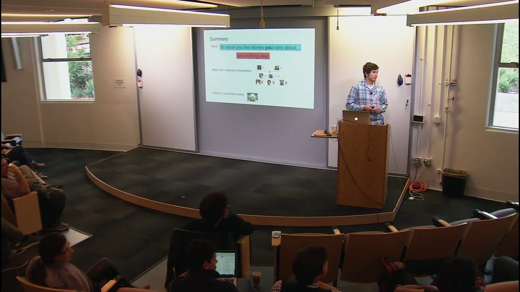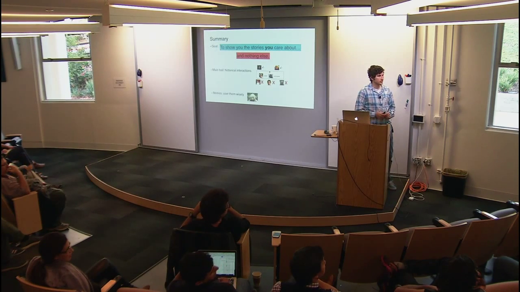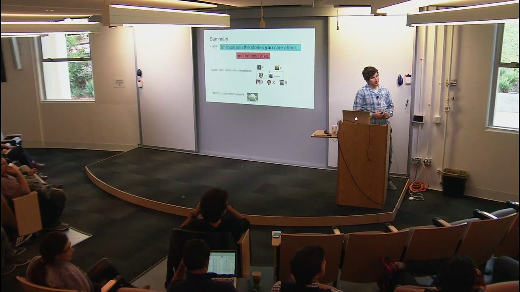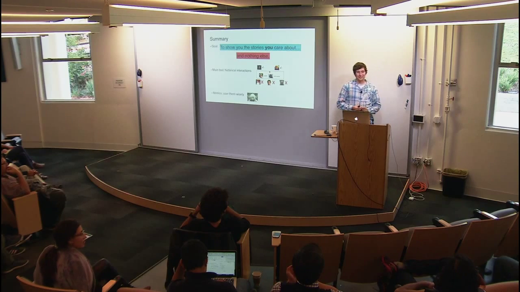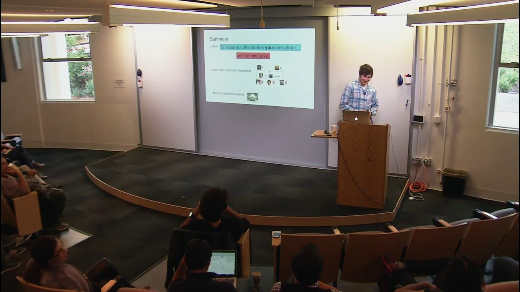Yep. Wouldn't this create some kind of a selection problem, that we're going to only see stories that we like? Should we throw in a story that somebody doesn't like every once in a while in order to train the model? Yeah, that's a good question.